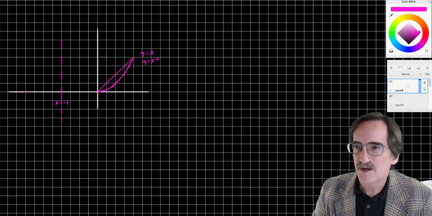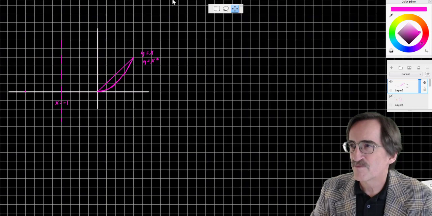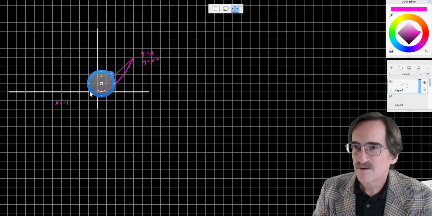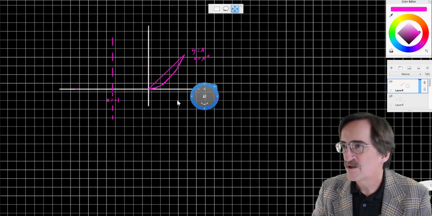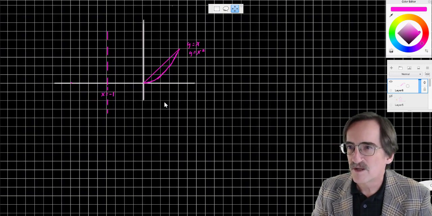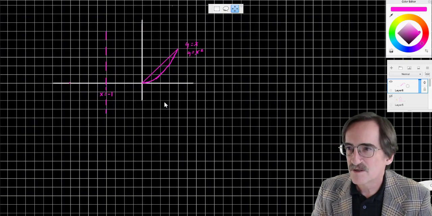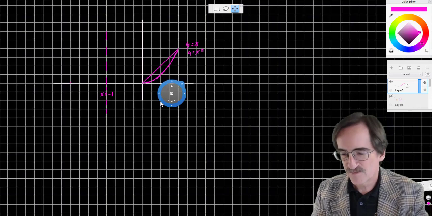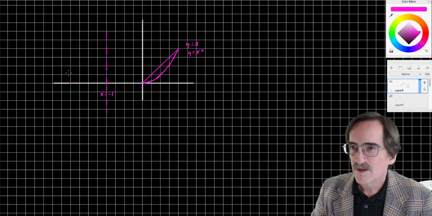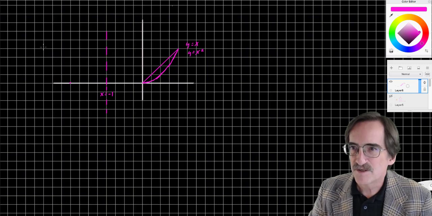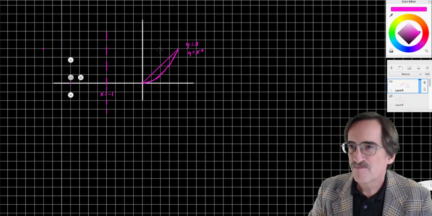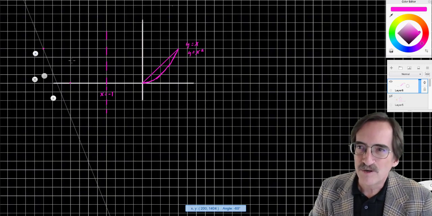And I did not leave enough room. Cool thing about this is I can move things. All right, and so let's draw the sketch.